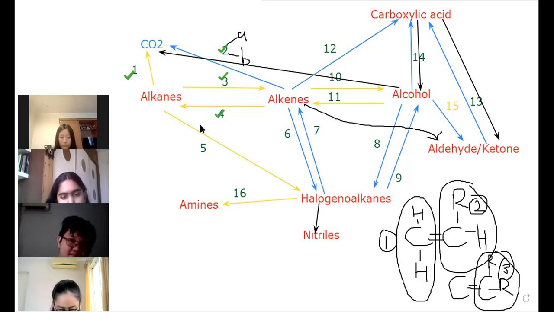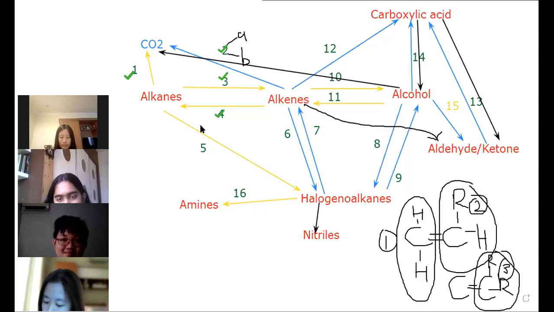I don't know, teacher. Because the condition and catalyst are the same, it's UV light. And then what are the 3 steps involved in free radical substitution?